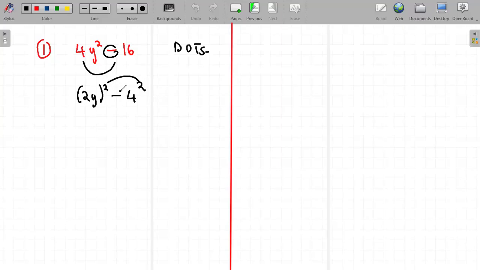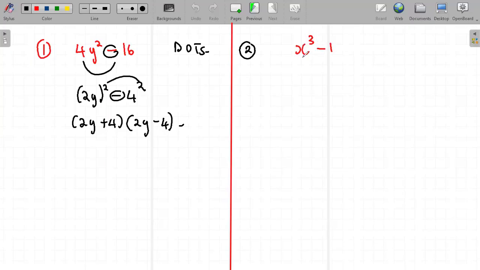Difference of 2 squares. So it means this is the same thing as 2y plus 4, 2y minus 4. You are done, black child. Maths made easy.